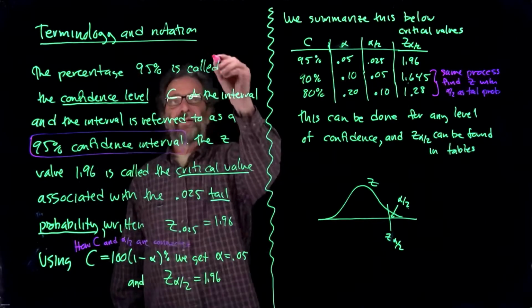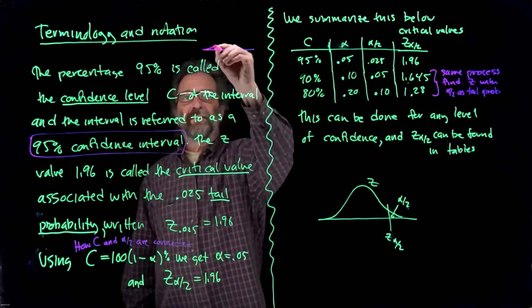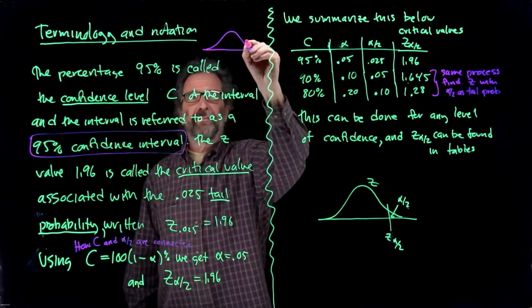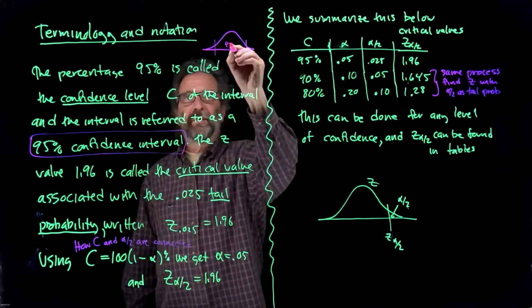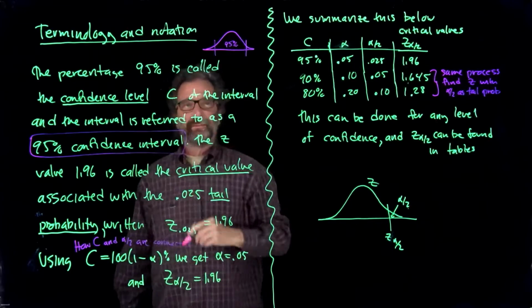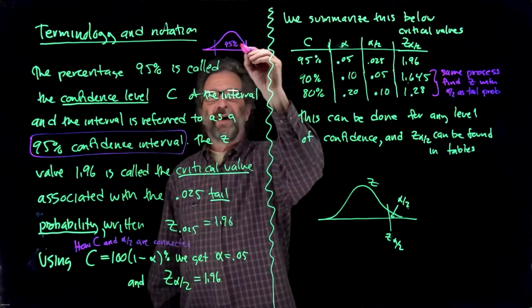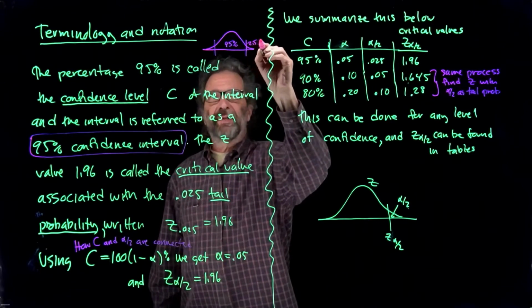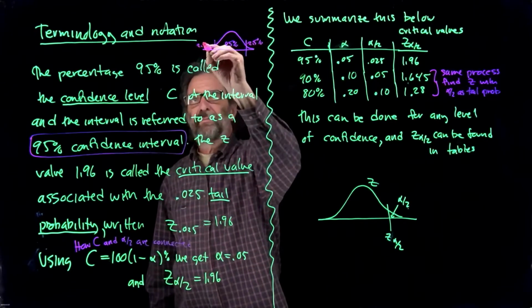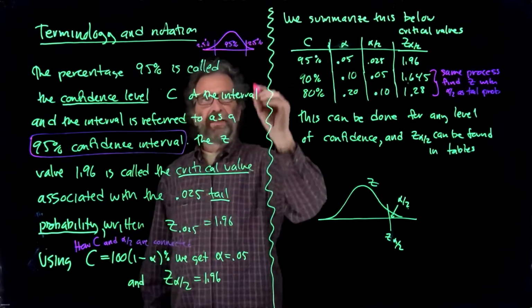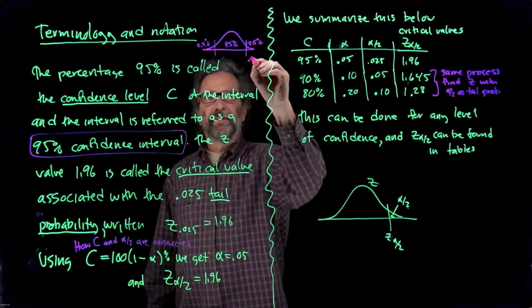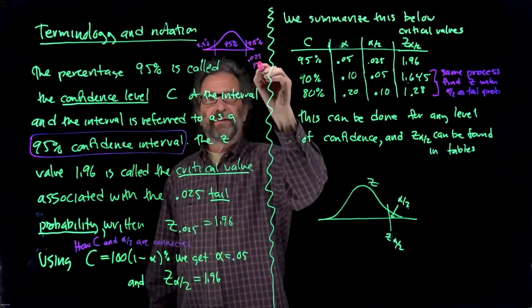So what happened there is, when we thought about the 95%, we thought about a symmetric piece of the standard normal distribution. And then if 5% is left over, that's 2.5% on each end. And that's a probability of 0.025 as a probability.